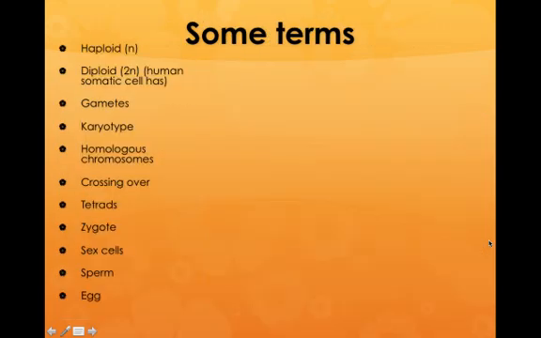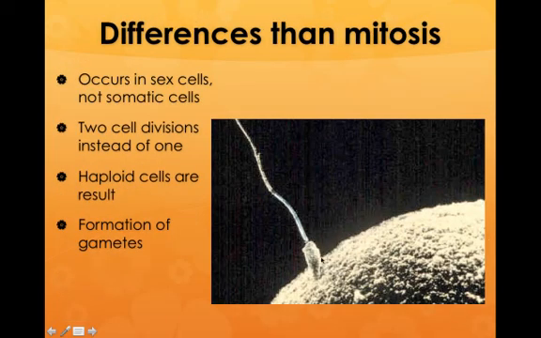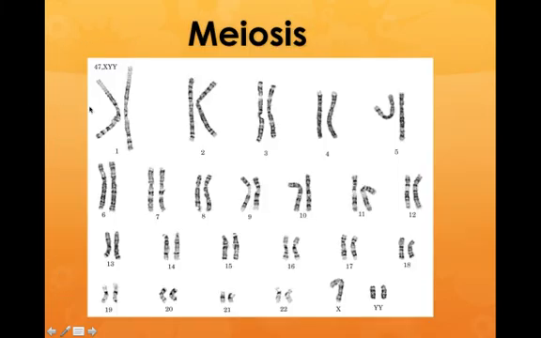So that when fusion occurs, this cell with one of each chromosome 1 through 23 will fuse with another cell that has 1 through 23, and their chromosome number 1 from the sperm cell will stay near the chromosome from the egg cell.